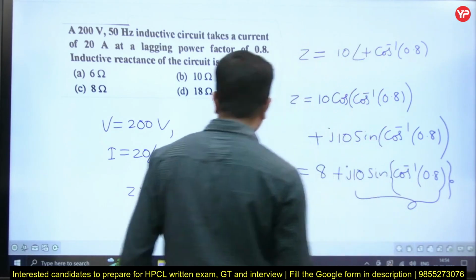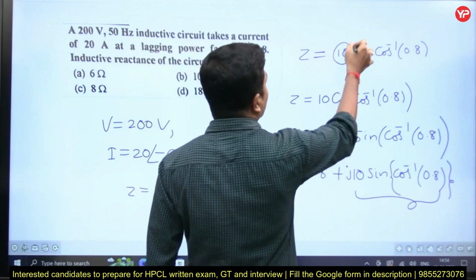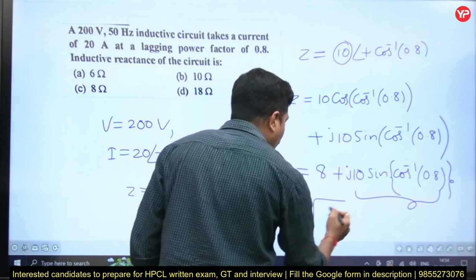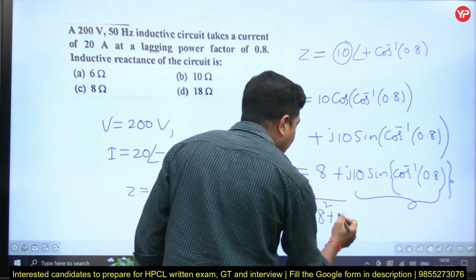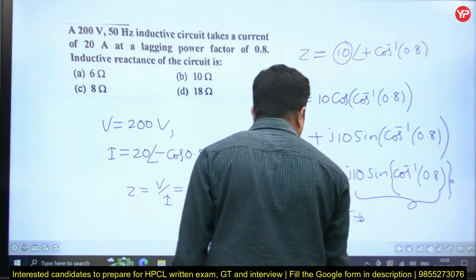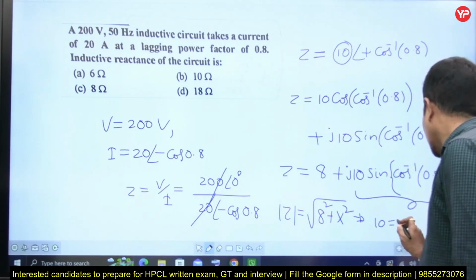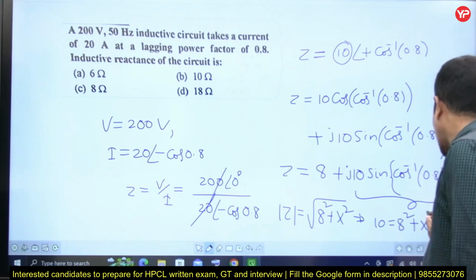Now tell me, what is the magnitude of Z? Z magnitude is 10. So mod Z is equal to root of R square plus X square. That is, 10 is equal to root of 8 square plus X square. Magnitude of Z squared is 100, equal to 8 square plus X square.